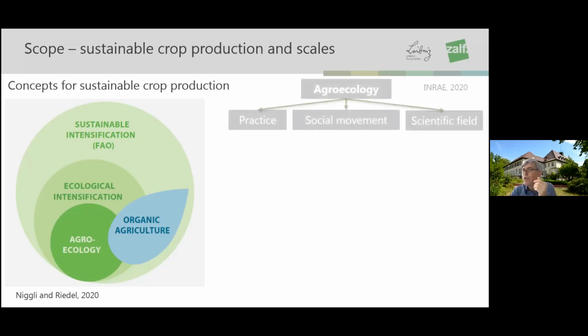in the future. So as far as agroecology is concerned, it is certainly a scientific field, but not only, it is also a practice. And I'm saying that because there are a range of approaches to that. Very site-specific, farming-specific approaches across the world, but also across Europe and increasingly also in Germany.